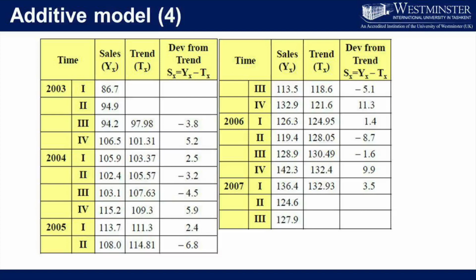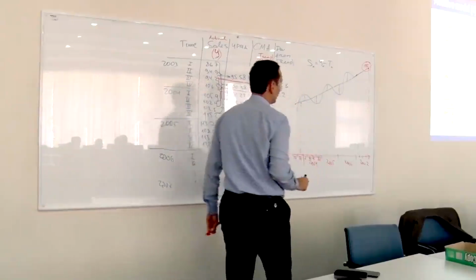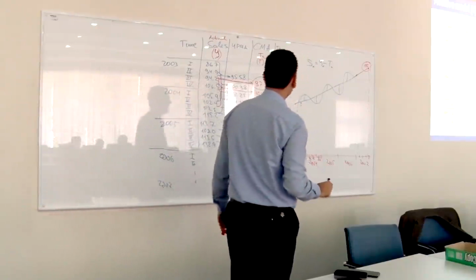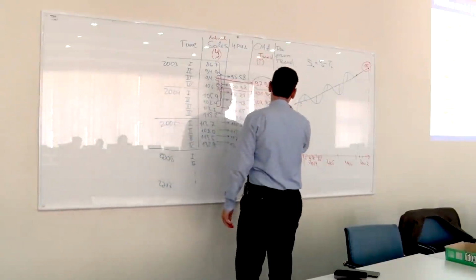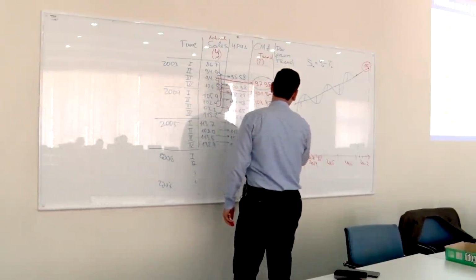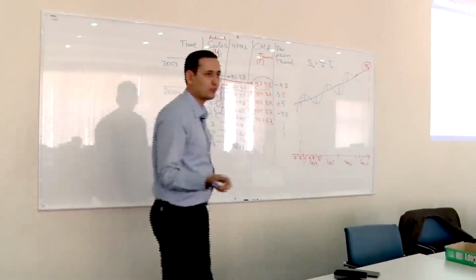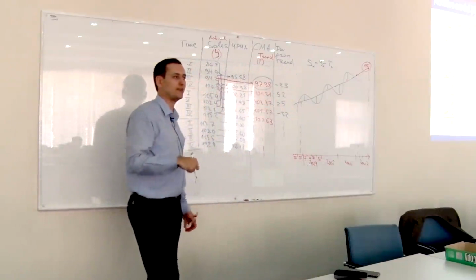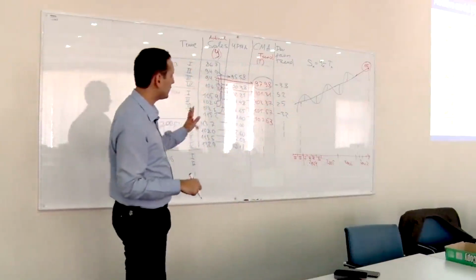The next one is 106.5 minus 101.31, that's going to be 5.2. And then 2.5, negative 3.2, etc. So you subtract everything one by one. This is the next step.